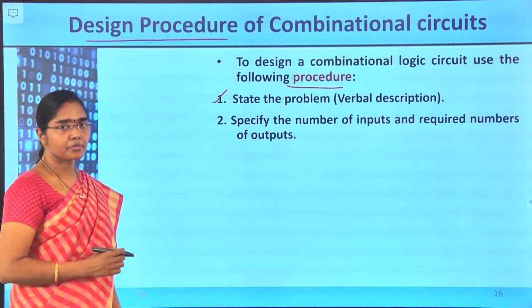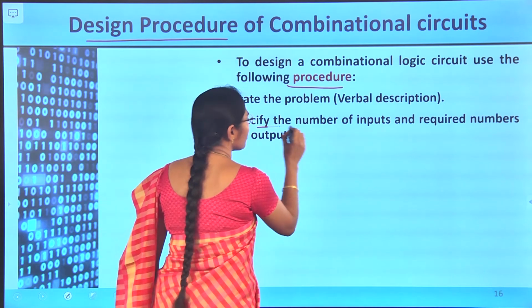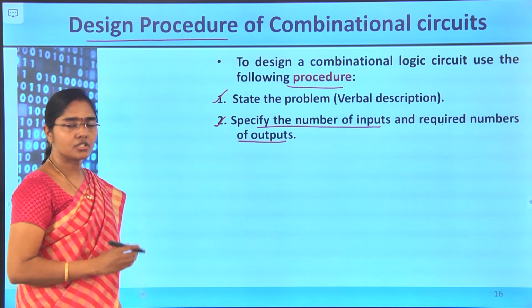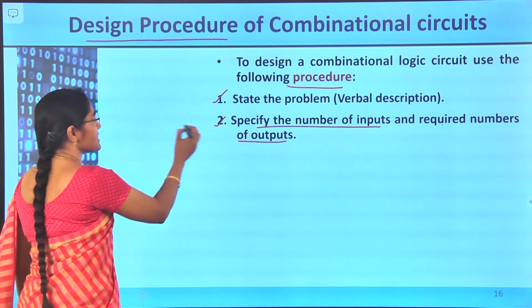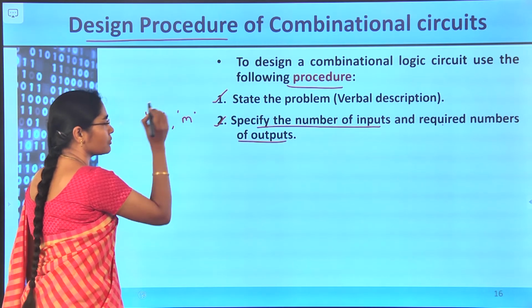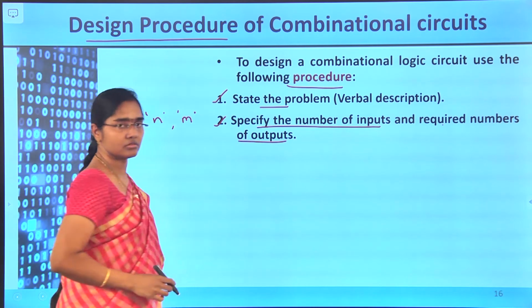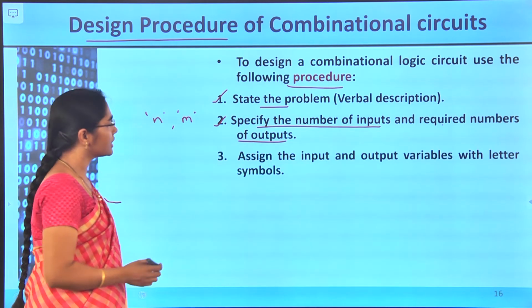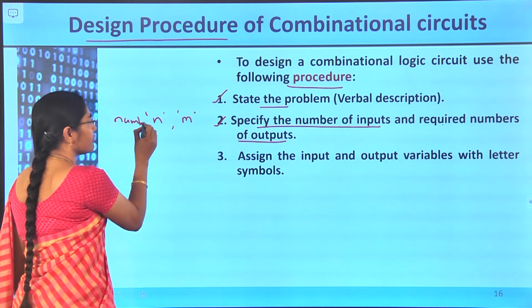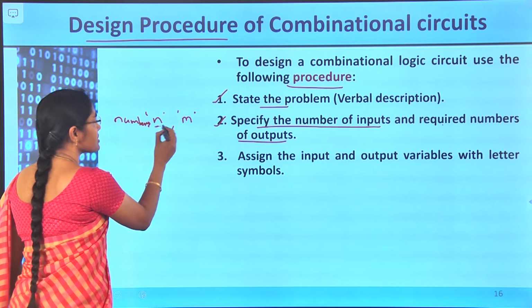And the next step, as per that statement, is to specify the number of inputs and number of outputs as n and m based on the statement of the problem. Then, after fixing the numbers, give variable names to these inputs and outputs.